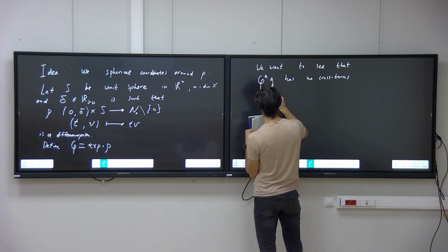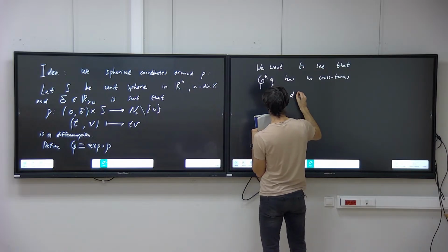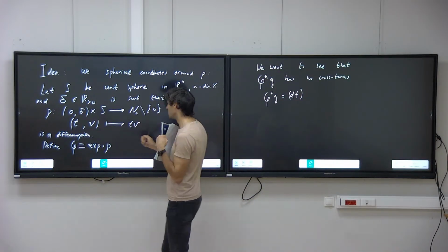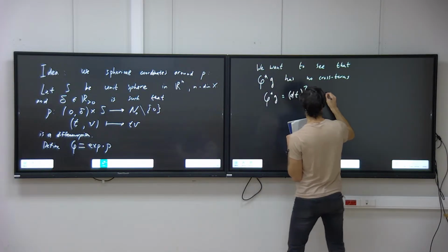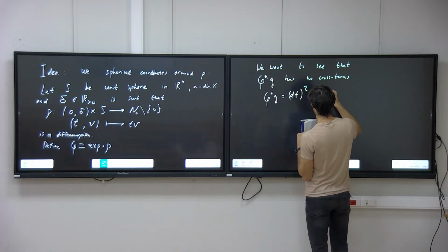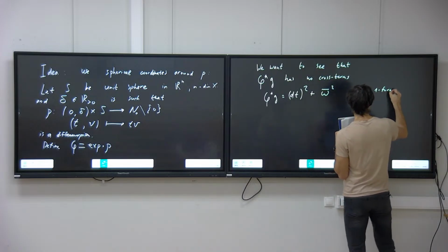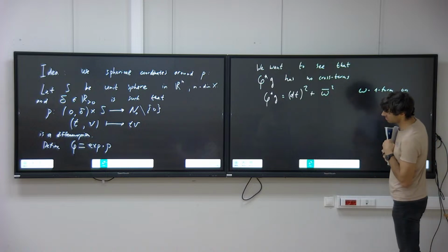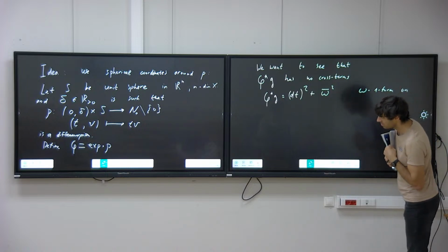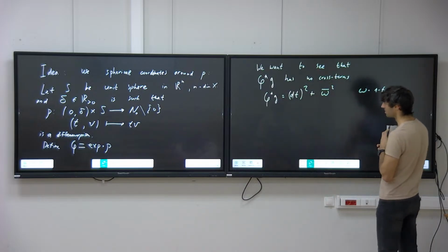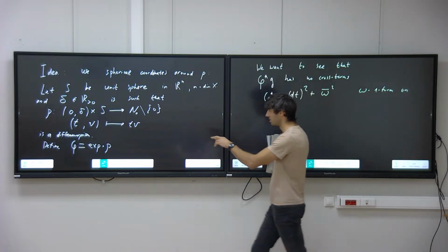Meaning that phi star of g will be something like dt squared, where t is a coordinate here, plus omega bar squared, where omega is a one-form, really a one-form on S.